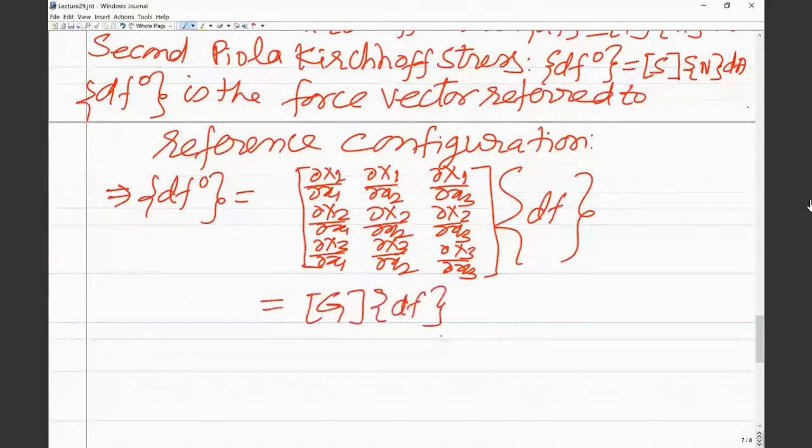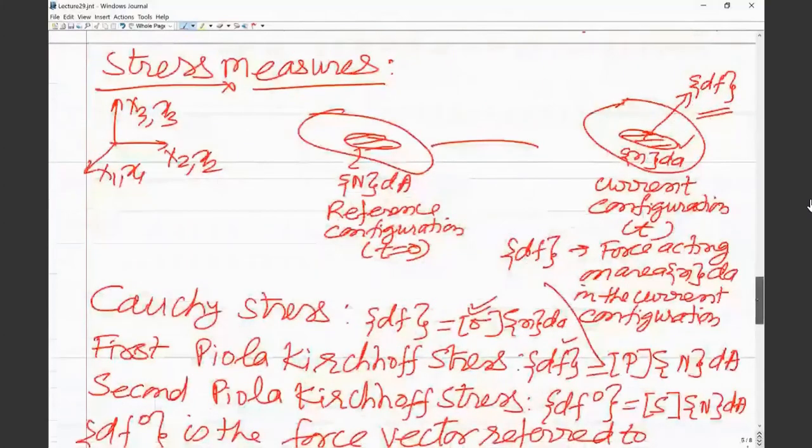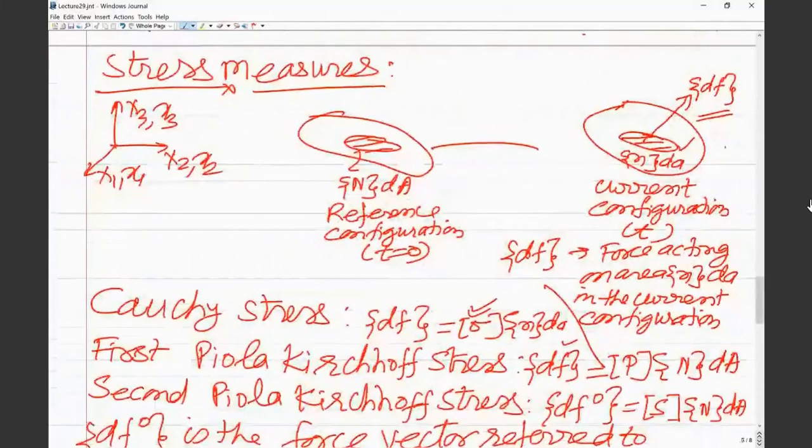Sir, can you tell the physics behind that df naught? Essentially, as I said, the force acts in the current configuration. In the reference configuration there is no load, no stress, and in the current configuration there is a stress and a corresponding force in this differential area.